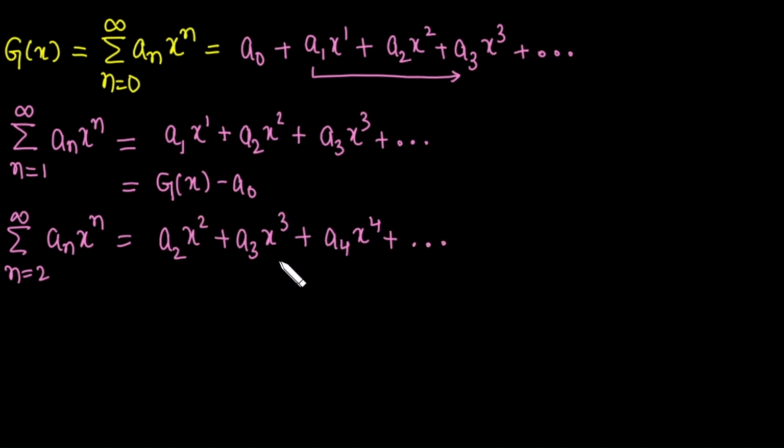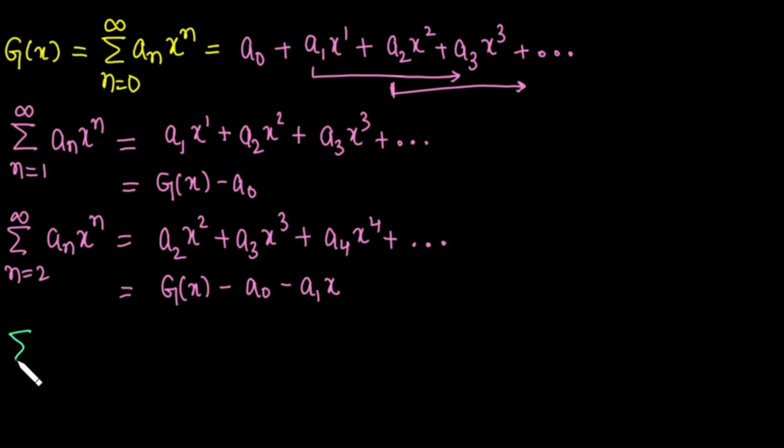Now what is the value of this summation in terms of g(x)? So we are getting all these terms starting from here to infinity. It means the value of this summation is equal to g(x) minus this term. So we can write g(x) minus a naught minus a1 x.